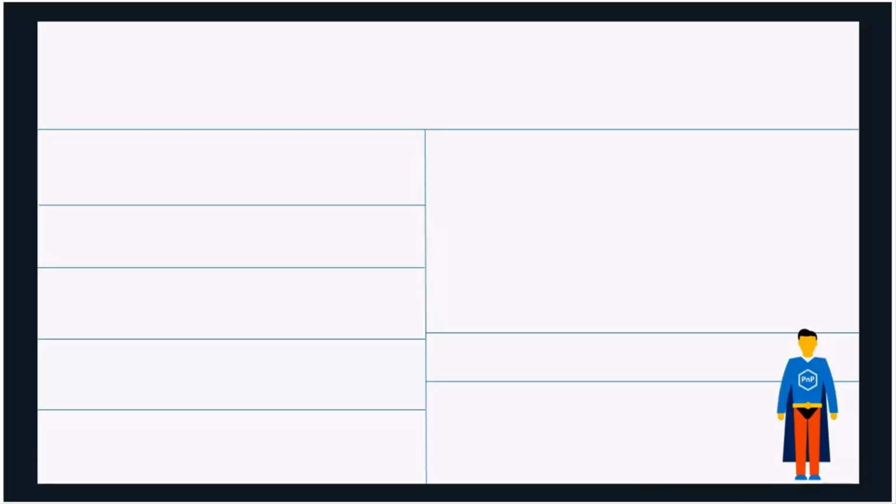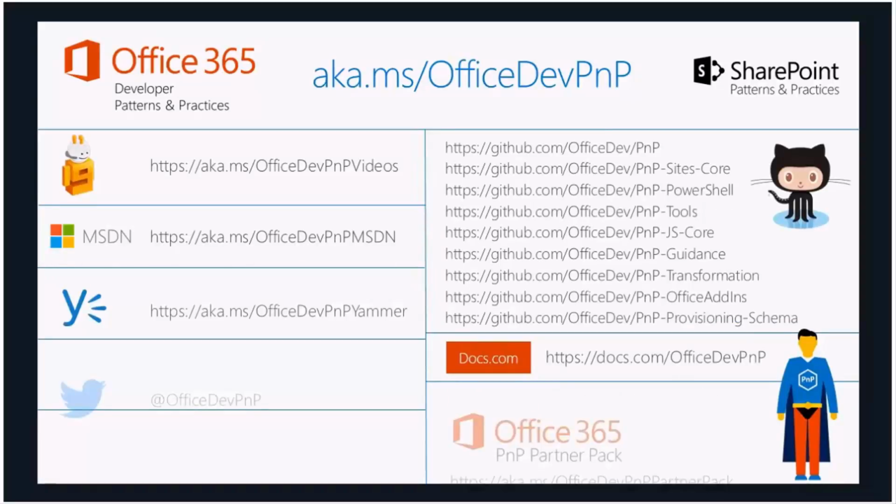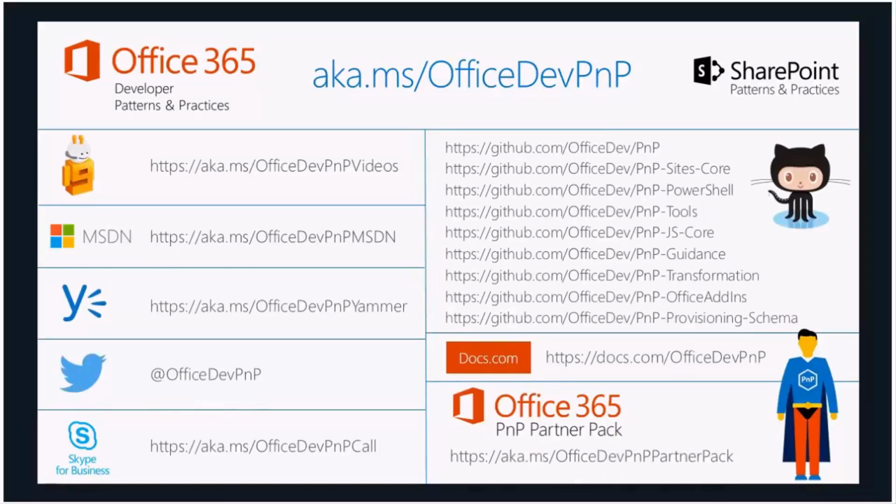This is a similar summary slide on different resources around PnP. aka.ms/OfficeDevPnP is the one URL where you find links to all of these locations. We have Channel 9 videos, which we are considering moving to YouTube in the autumn, which is a completely different topic, so let's not spend too much time on that one. MSDN pages where you can participate and contribute to the guidance as well.